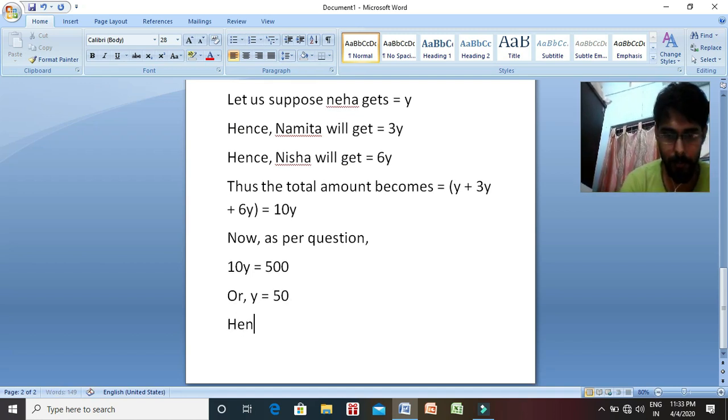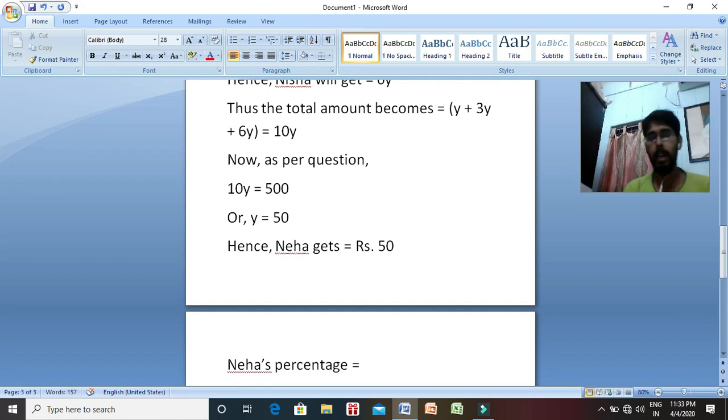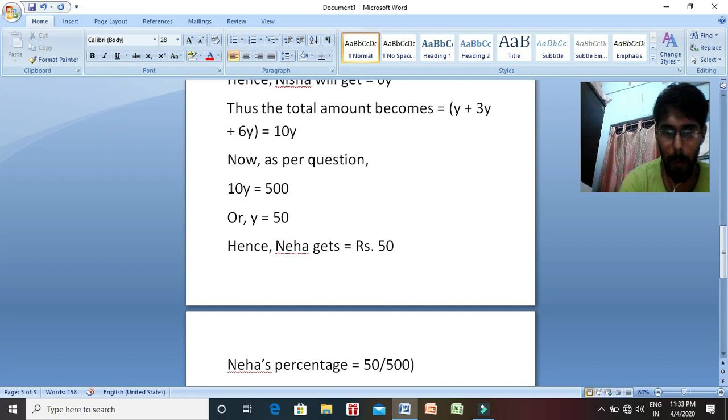Hence, Neha gets rupees 50. Neha's percentage: now Neha's percentage will be 50 out of 500. So the percentage shall be given as 50 by 500 percent, right? So this is the total.